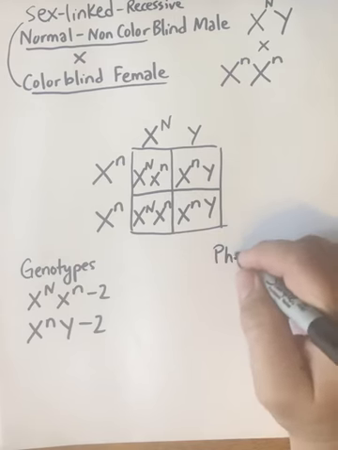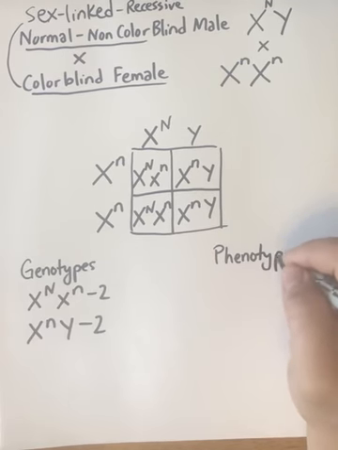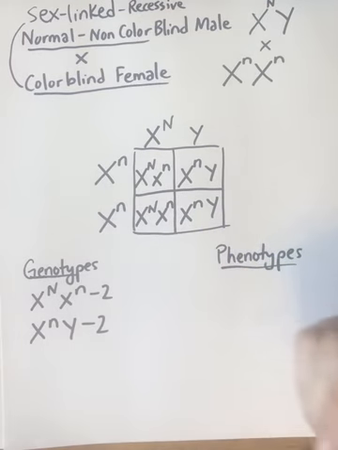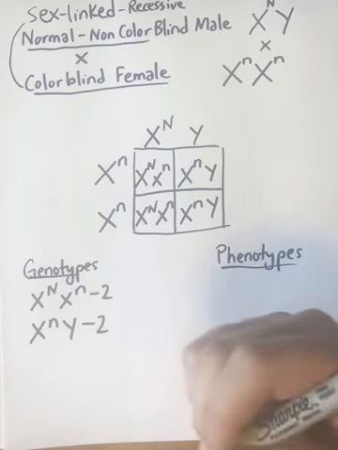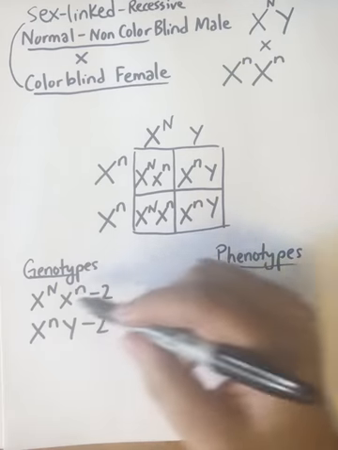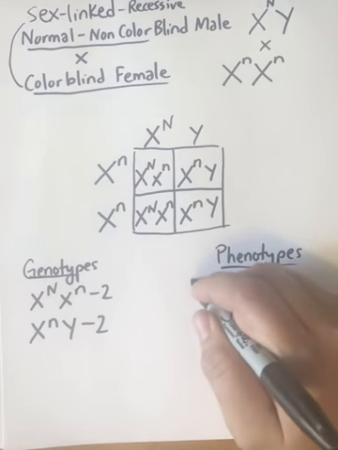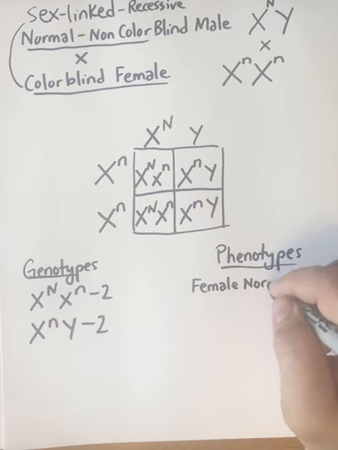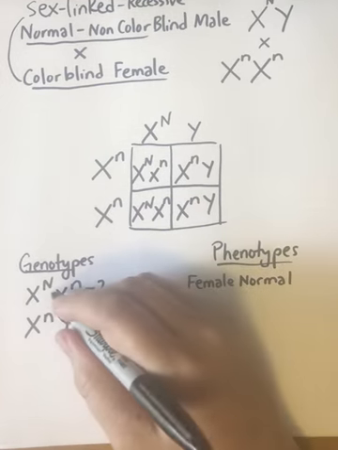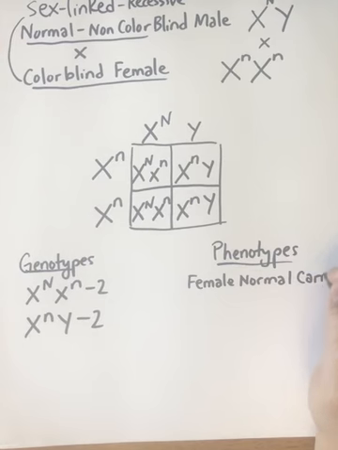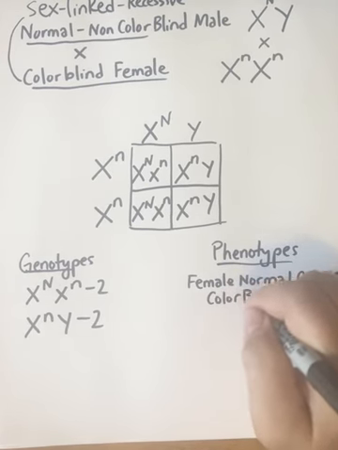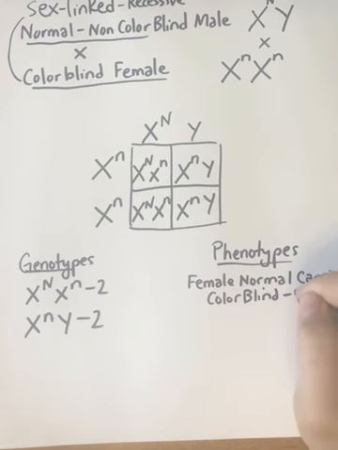Now, your phenotypes. Phenotypes are going to include both male and female, and are they colorblind or a carrier or just normal. So these are 2 females. So you're going to have females that are normal. Normal means non-colorblind, but they are going to be a carrier for colorblindness. And since you have 2 of those, these would be your phenotypes.